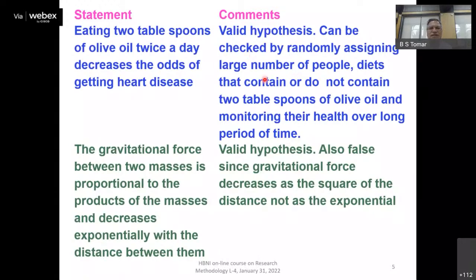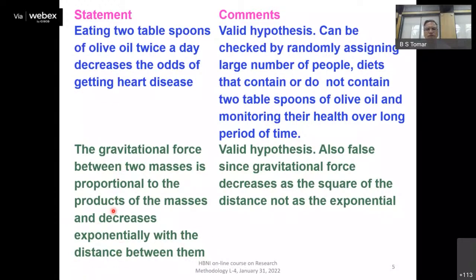It can be confirmed. Similarly, in other branches also, like in physics or chemistry, you can have hypotheses like, for example, the gravitational force between two masses is proportional to the product of the masses and decreases exponentially with the distance between them.